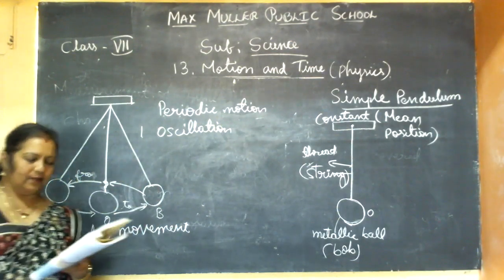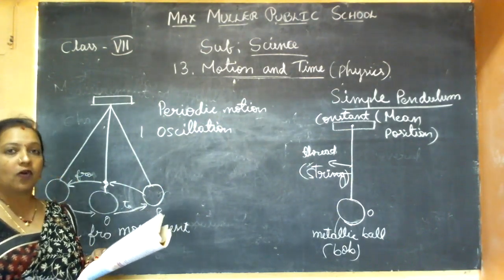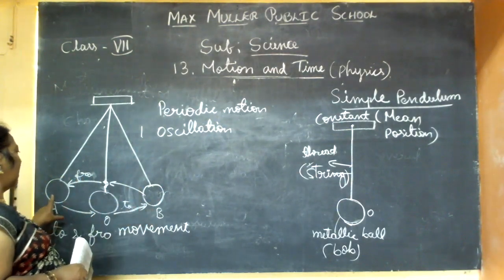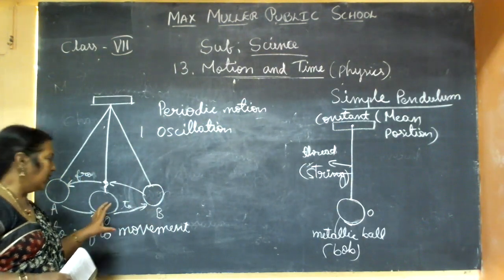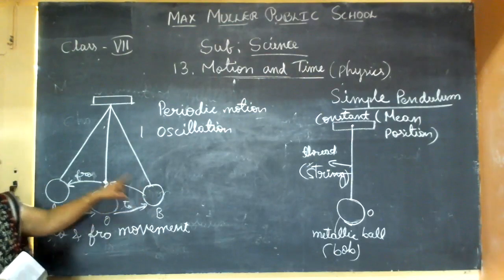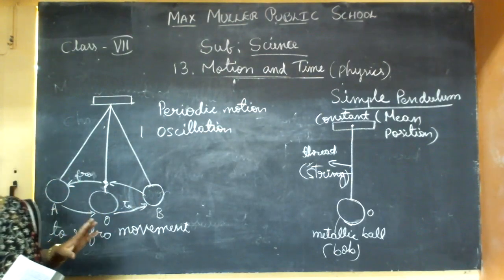The pendulum is said to have completed one oscillation when its bob moves from O to B, B to A and A to O. This is one oscillation. Or you can start by leaving from A, so A to B and coming back to A is also considered as one oscillation.